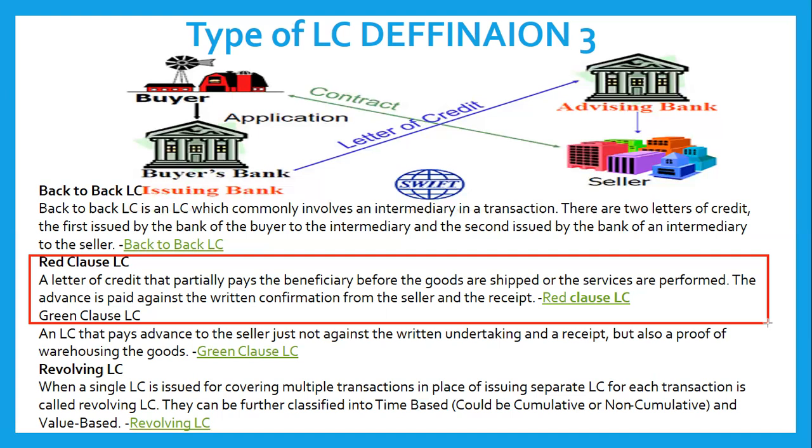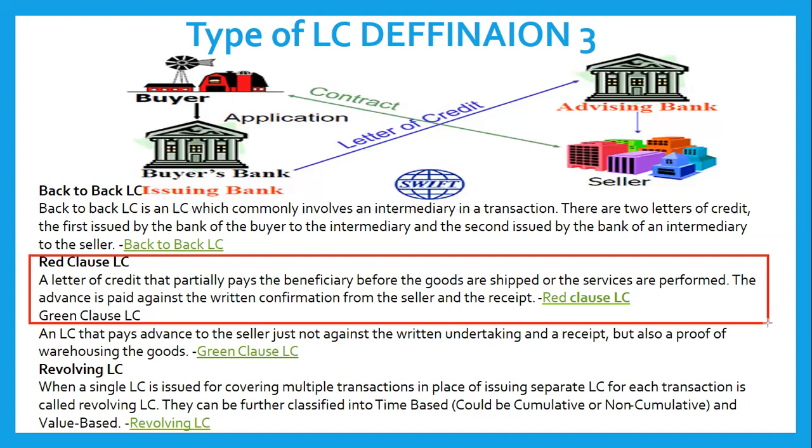In that clause the buyer needs to pay partial payments. Just like a transaction of 10,000 euro, in such a case the importer needs to pay at least 20%, or whatever terms are mentioned in the red clause LC.